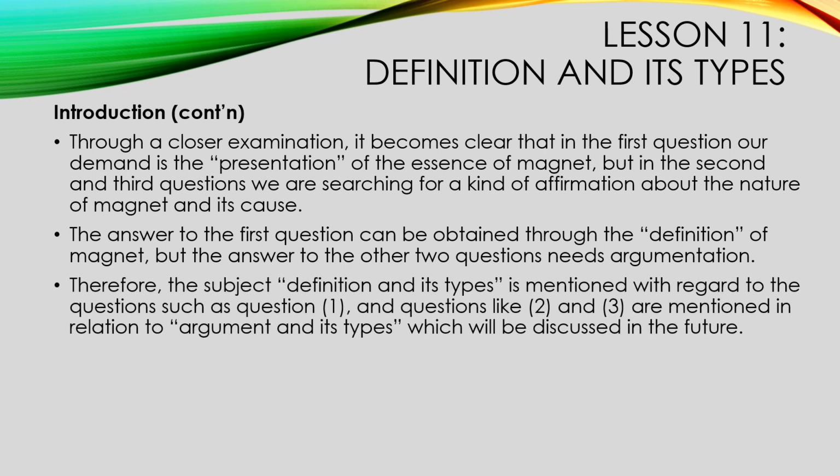Therefore, the subject definition and its types is mentioned with regard to the questions such as 1, and questions like 2 and 3 are mentioned in relation to argument and its types, which will be discussed in the future, inshallah.